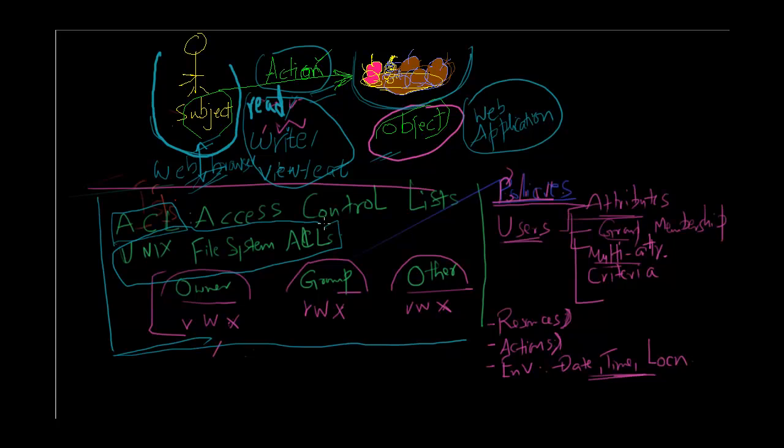These ACLs are essentially a tabulated list of permissions that a subject may have on an object. In the case of Unix file systems, the permissions are segregated into three groups: the owner permissions, the owner group permissions, and the other permissions.